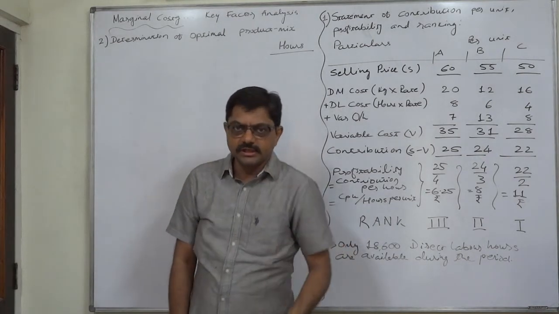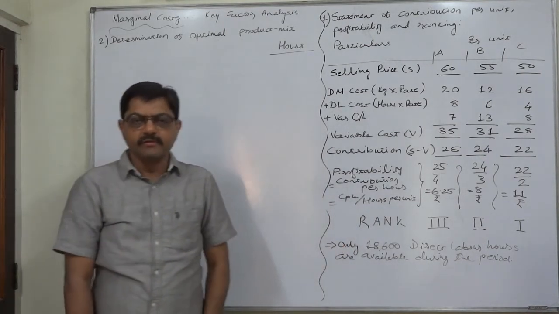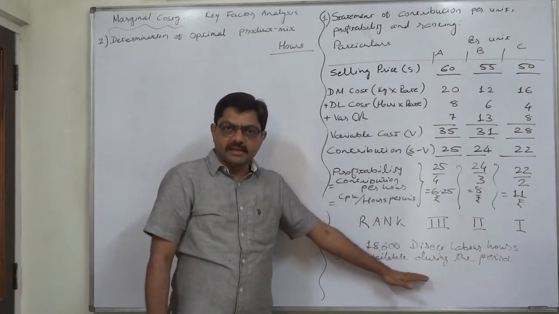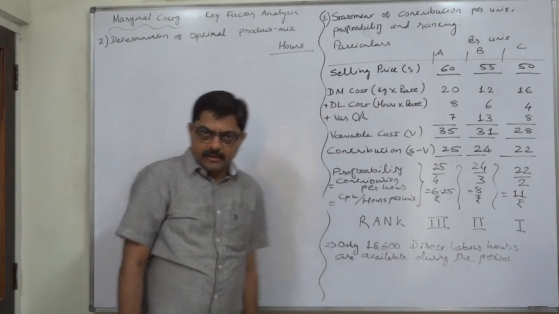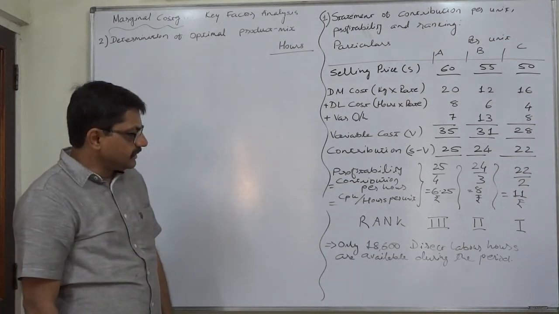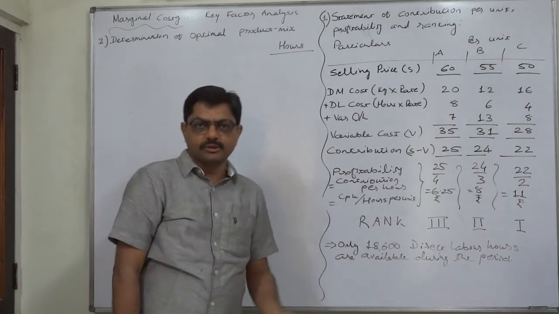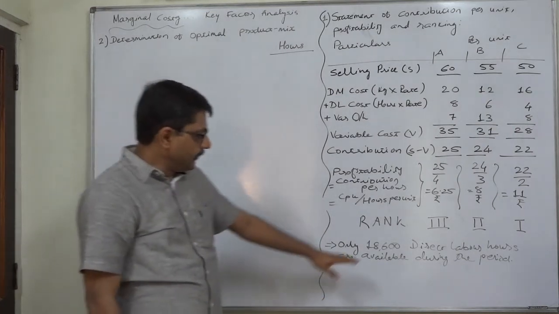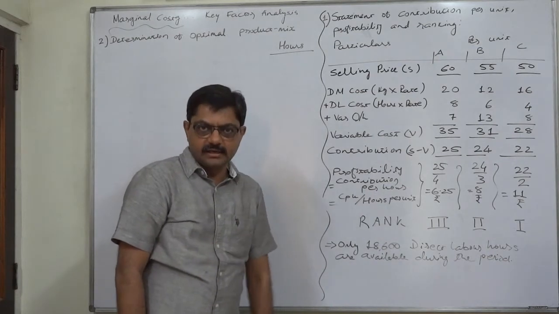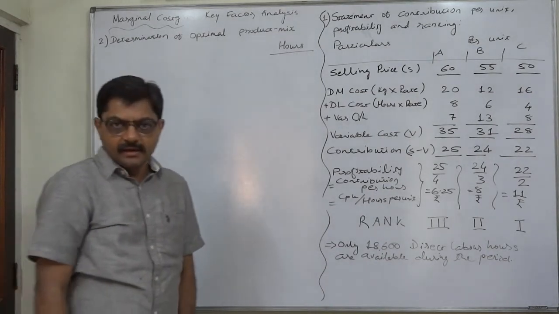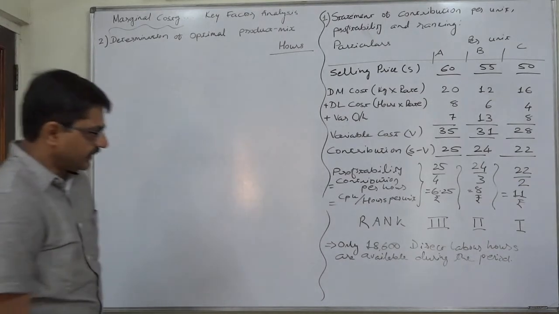I also suggested an exercise in the previous lecture: calculate the shortage of labor hours. Multiply the budgeted sales units by the requirement of labor hours per unit and compare it with 18,600. The difference is the shortage, and that is the statistical proof that direct labor hours is the key factor.